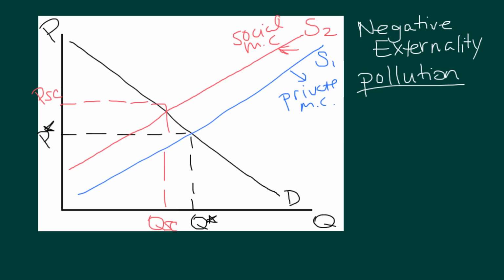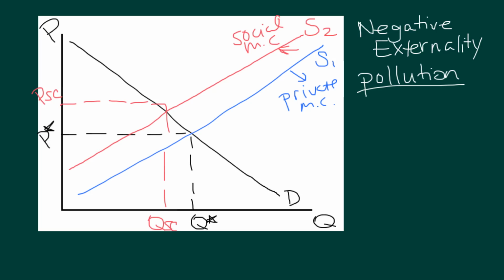One of the common theories that is offered is we need to make them internalize this cost, right? If it's an external cost right now, find a way to make them internalize it, and then they will operate as if they're on this S2 curve and take into account all the costs. And so that's why you'll see suggestions for taxing industries that produce pollution, whether it's air pollution or water pollution.